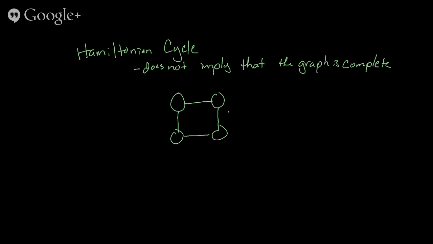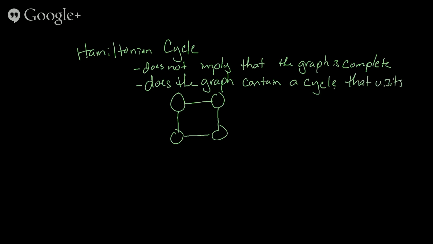But otherwise, besides that, all you want to be able to decide for the Hamiltonian cycle is the actual decision question itself, which asks you: does the graph contain a cycle, that is, some path where you start and end at the same vertex that visits each vertex exactly once?